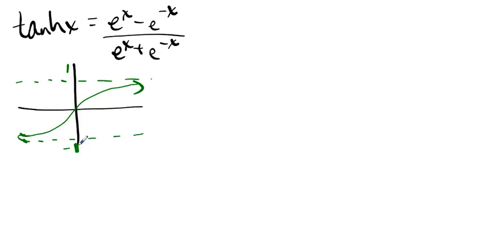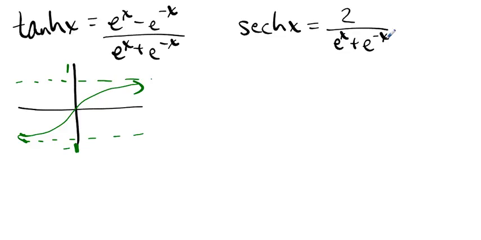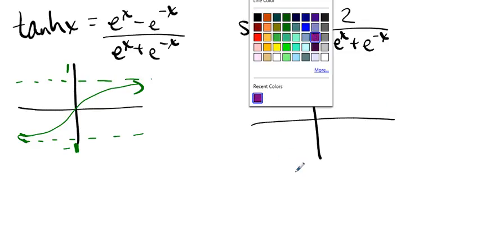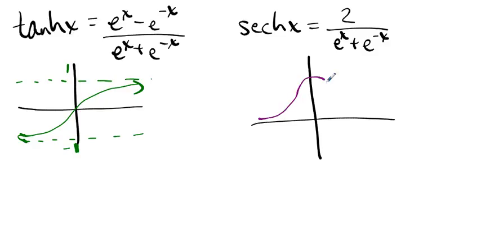And in fact, there is a hyperbolic secant function. And the hyperbolic secant function is exactly what you think it is. It's the reciprocal of the cosh function. And if you take the reciprocal of the cosh function, well, that looks like this. I think that's 1. Looks like that.